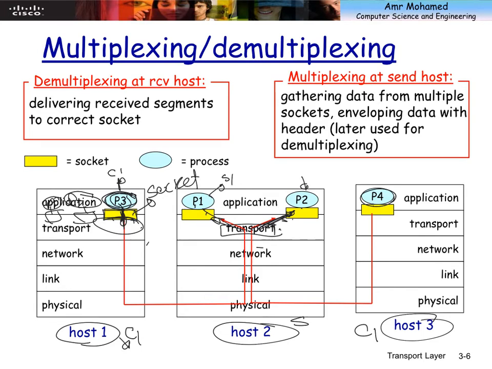So this P2 is a web server. Or maybe both applications want to communicate with the same server. If both applications want to send to the same server, well, now it depends which protocol we're talking about. If we're talking about UDP, then we will use a shared socket.